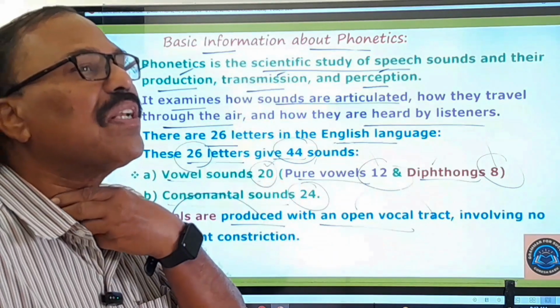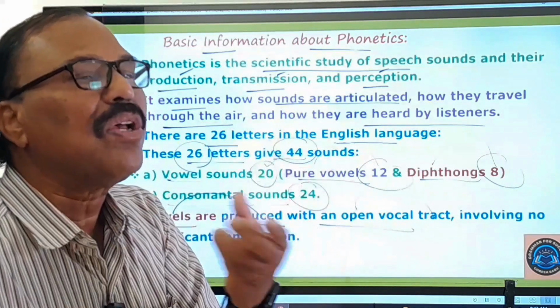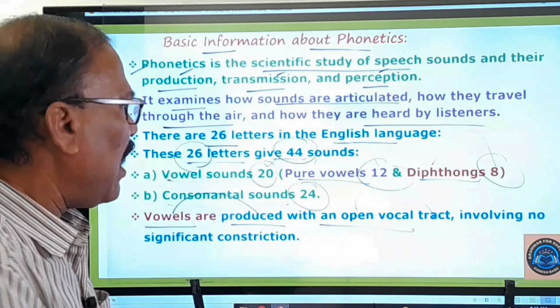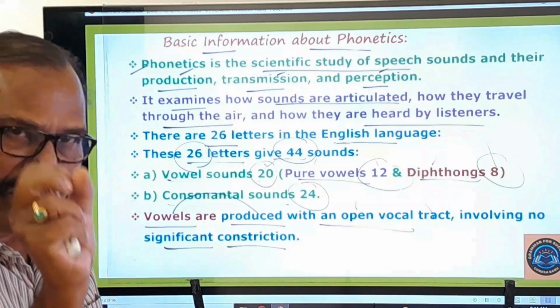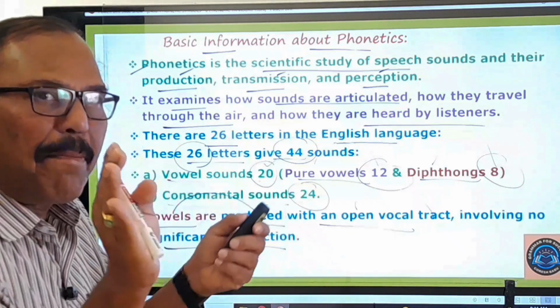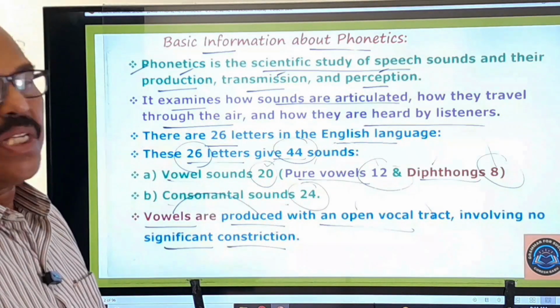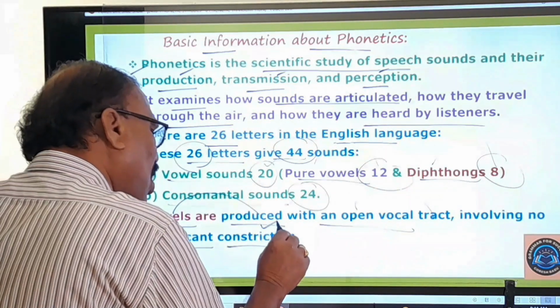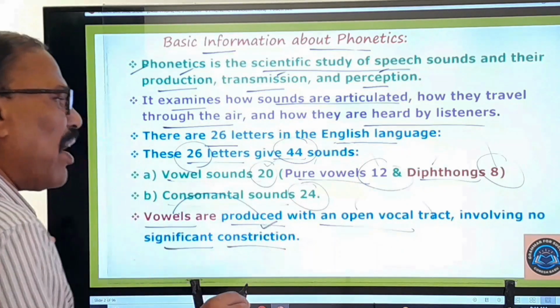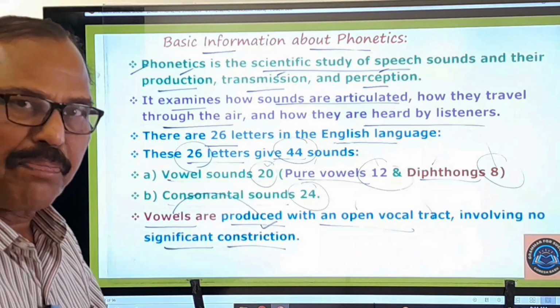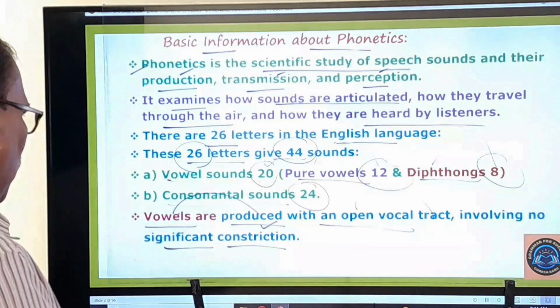The vowel sounds come out from the throat freely, involving no significant constriction. Constriction means contraction or compaction. So without any constriction, vowel sounds are produced from the vocal tract.